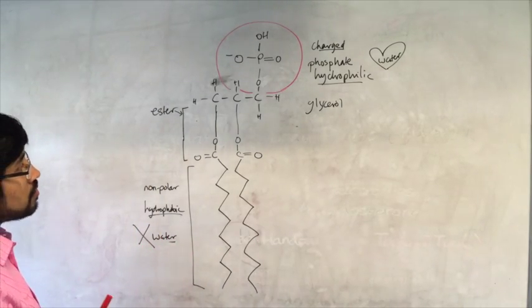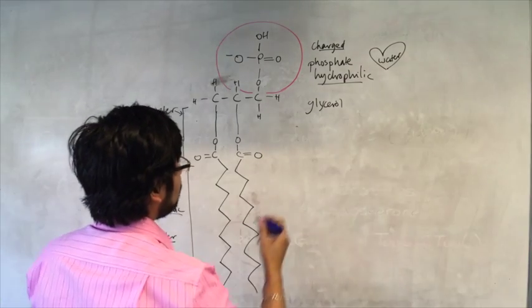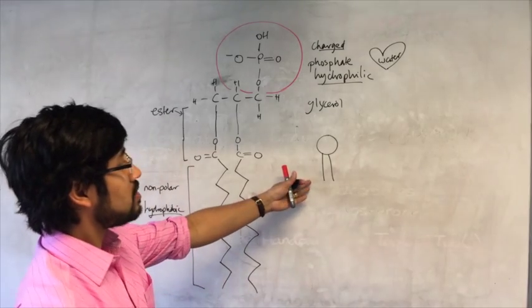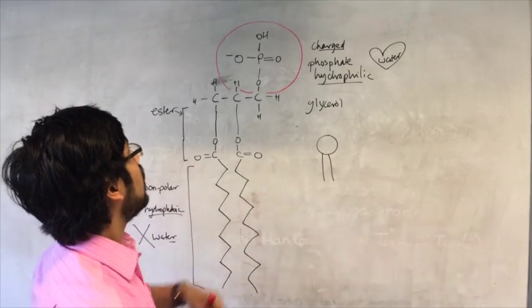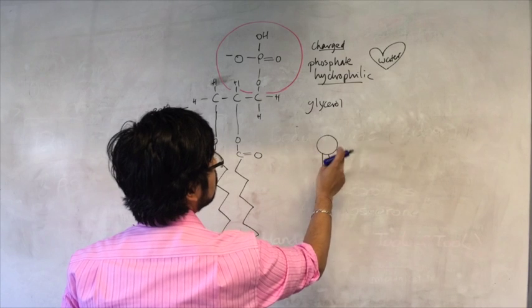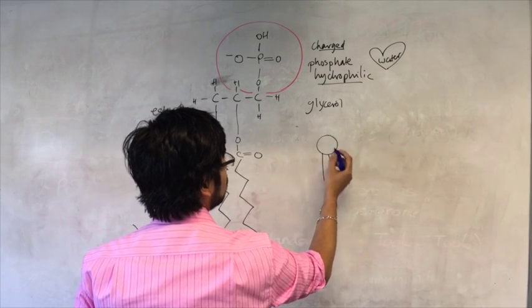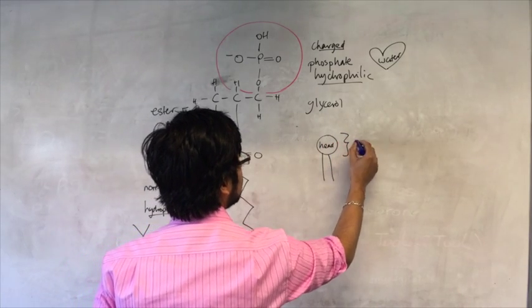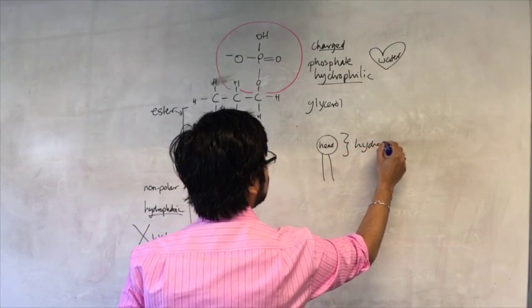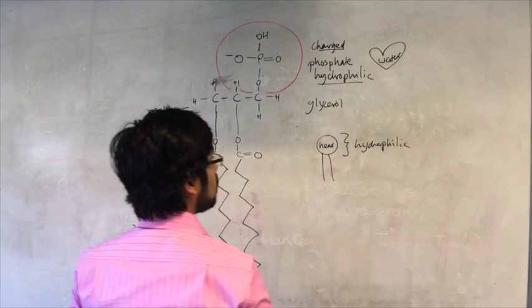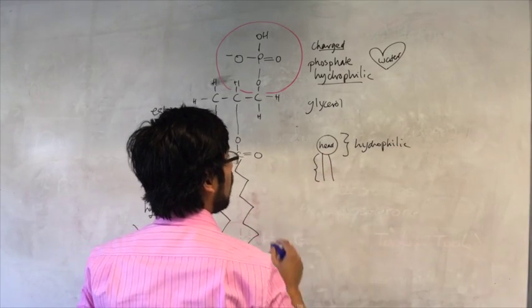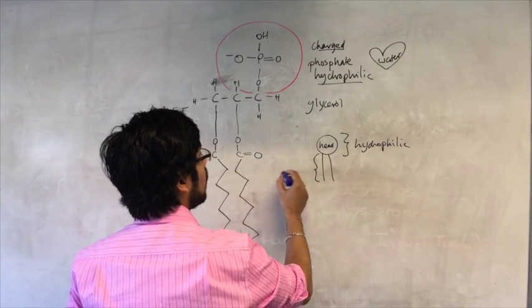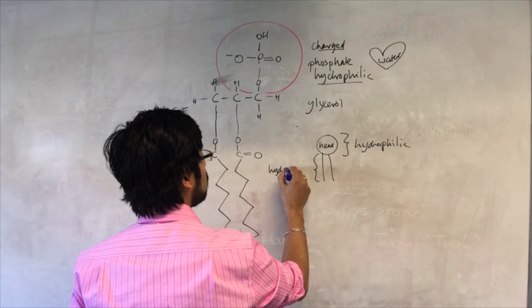And this is what's important. If we're going to draw this in a very simplified way, that's essentially what we have. This is our head, and remember that this is hydrophilic, and these are our long hydrocarbon tails, and they are very hydrophobic.